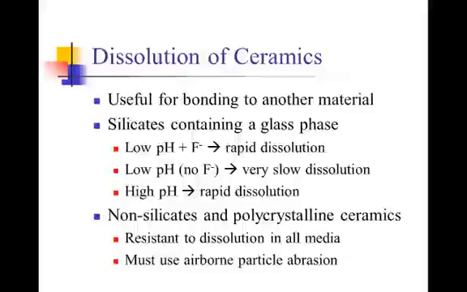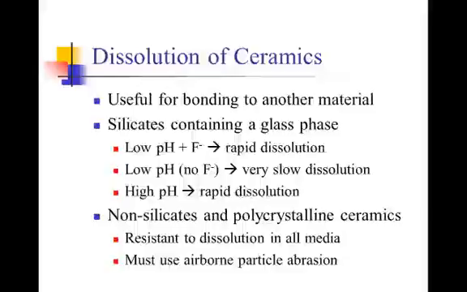We would want to dissolve it if we wanted to just roughen up the surface to make a stronger bond to another material that we want to attach the ceramic to, whether that's another ceramic or whether it's a metal, whether we're repairing two ceramics by attaching them with a polymer-based repair cement, or whether we're cementing them onto a tooth surface.